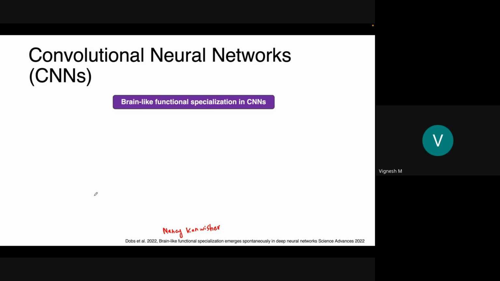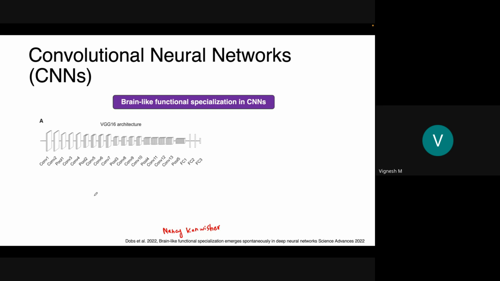So what they showed was, if you take a CNN, there are many different types of architectures. Forget about the name. There is a specific type of architecture called VGG, visual geometry group architecture. It doesn't matter what the name is, but this specific type of architecture seems to resemble what the brain does very closely, right?